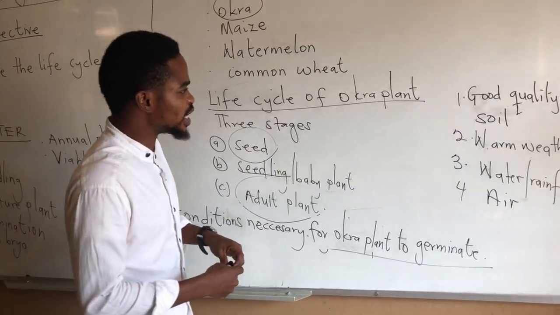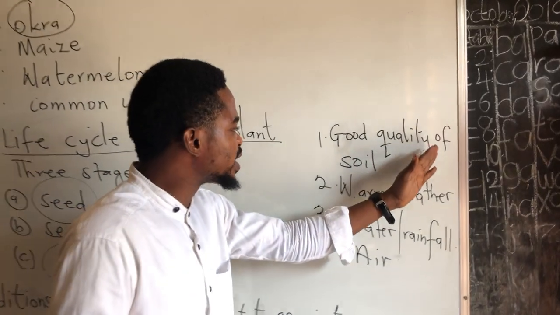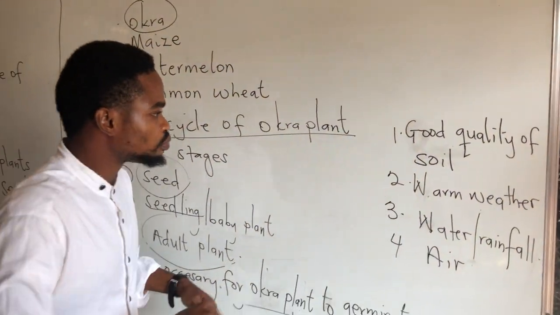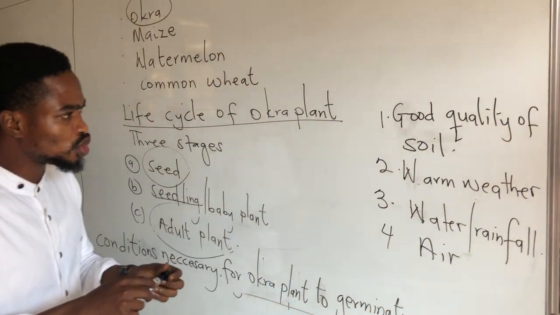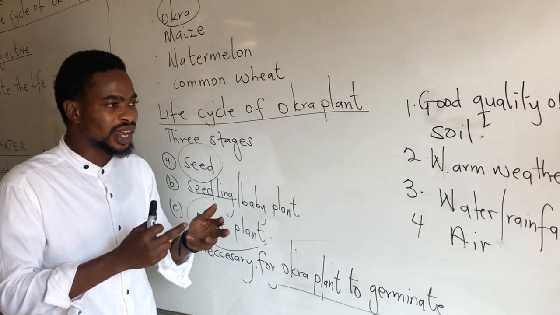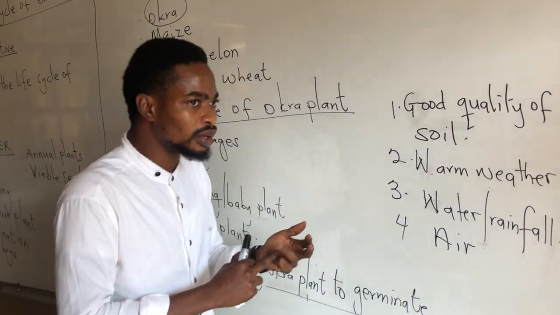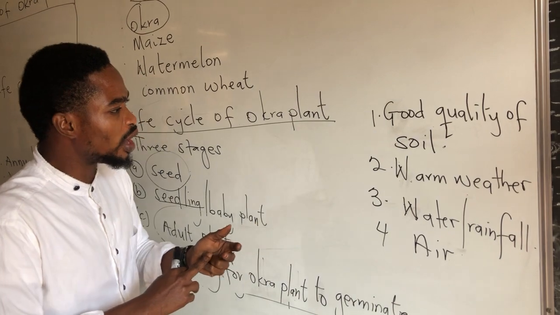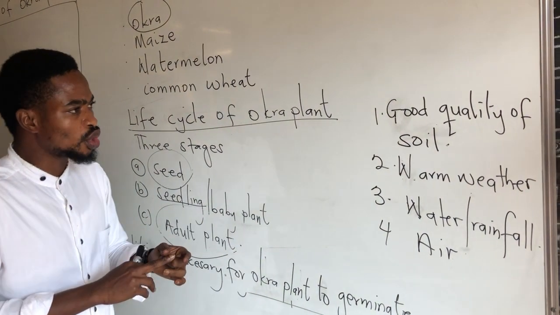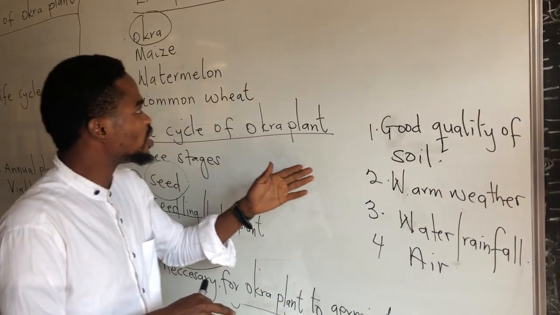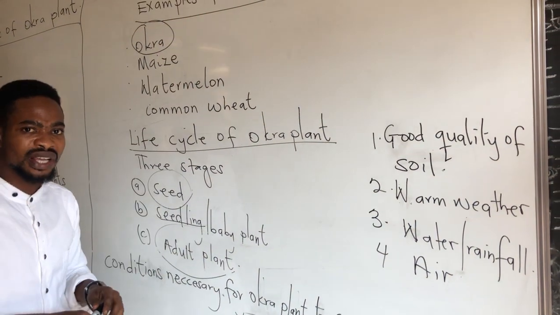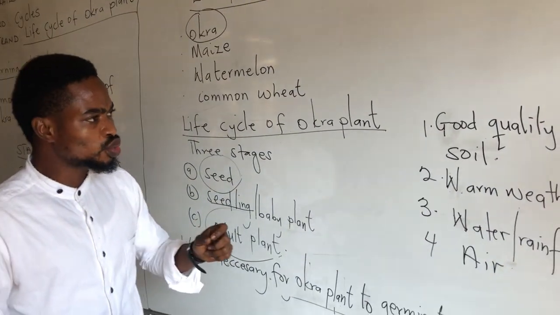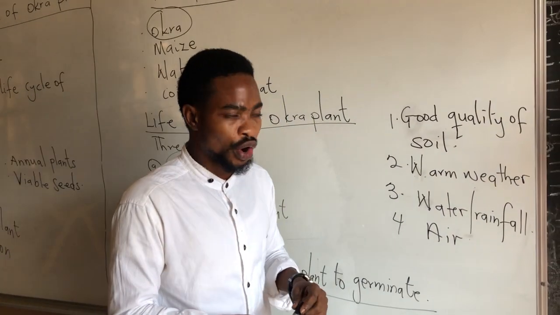So the first thing is good quality soil. We have clay soil, we have sandy soil, and we have loamy soil. Considering these, in which one do you think the okra seeds will germinate? So we use the loamy soil.